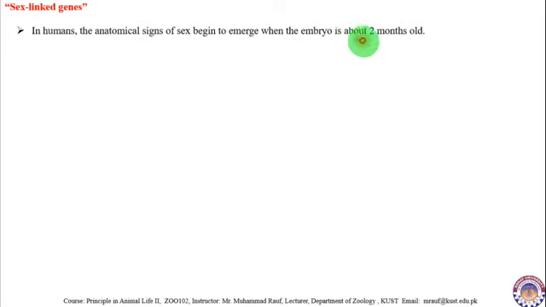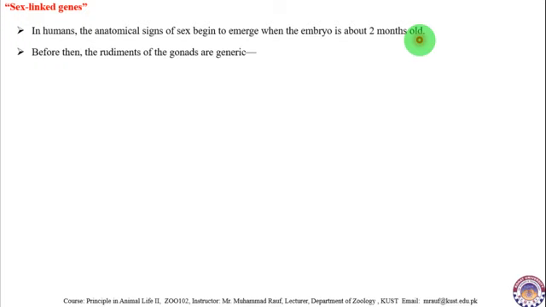It is when the embryo becomes 2 months old. Then the sex differentiation starts. It starts to develop either features of male or female depending upon what its chromosome complement was during fertilization.